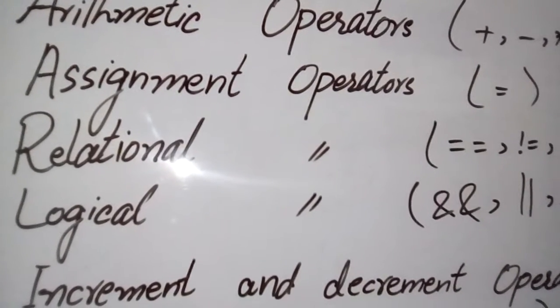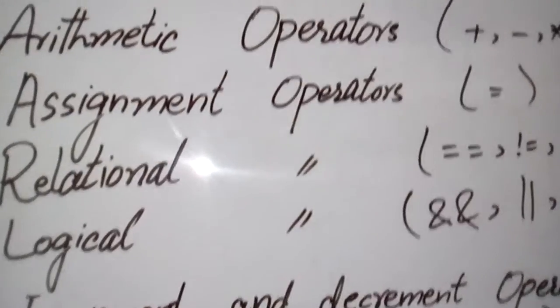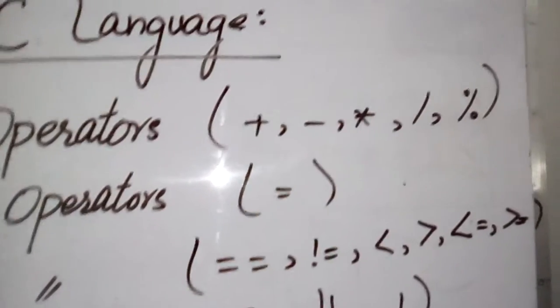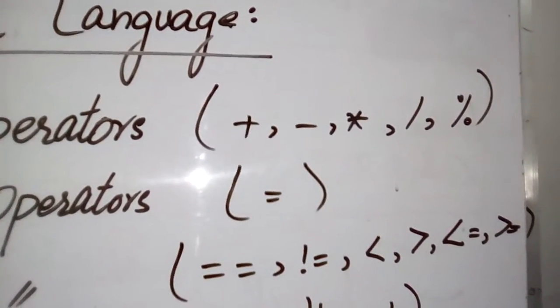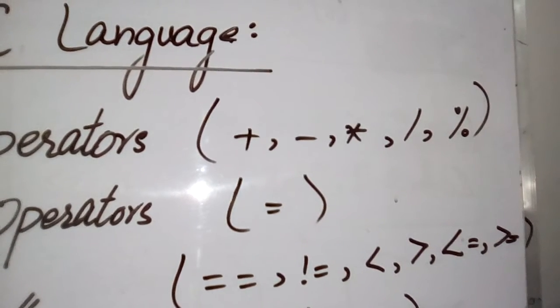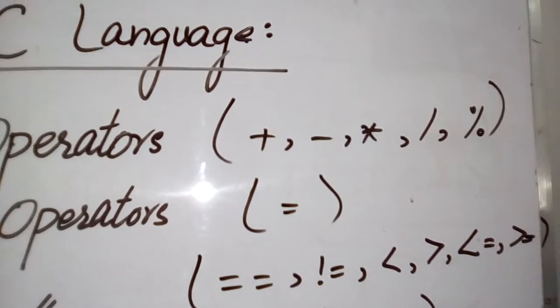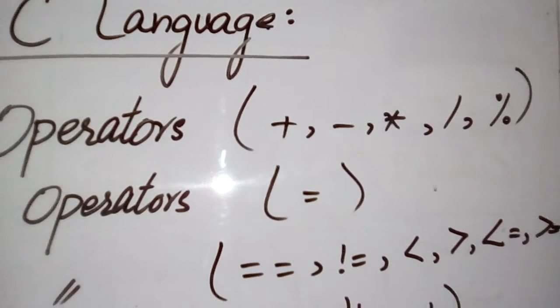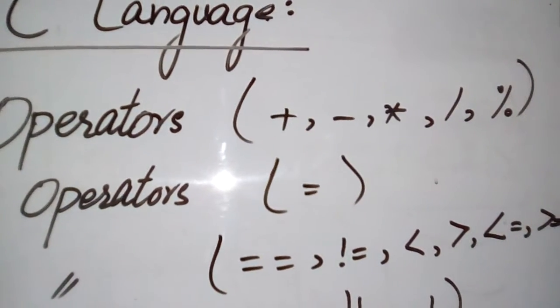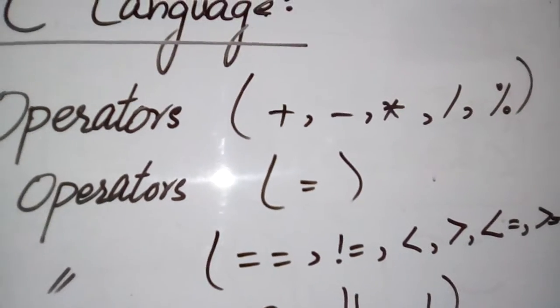Clear? Now, arithmetic operators. Arithmetic operators are plus, minus, multiplication, division, and percentage. You are familiar with these operators. These are very simple mathematical operators.